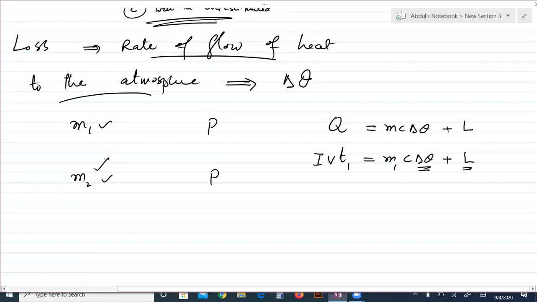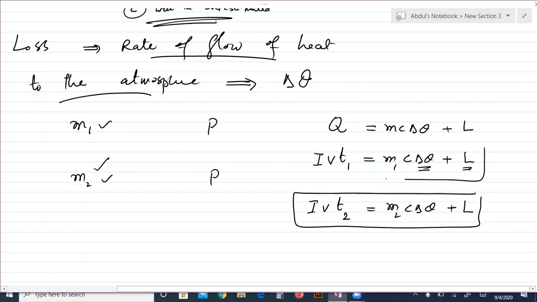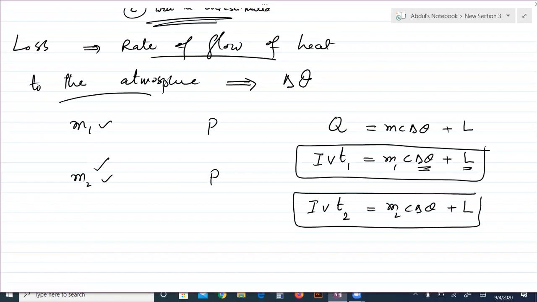So definitely, the heater will take a different time to raise the same temperature. So for the next experiment, it is I V T2, because the mass is different, but the loss of heat energy is again the same. Reason? The rate of flow of heat energy to the surrounding depends on the change of temperature, and we are keeping the temperature change the same. That's why the loss is the same.